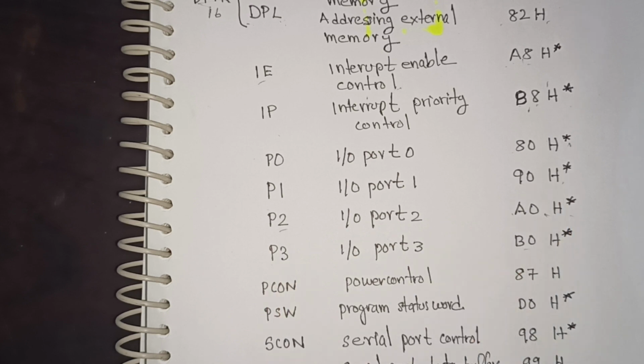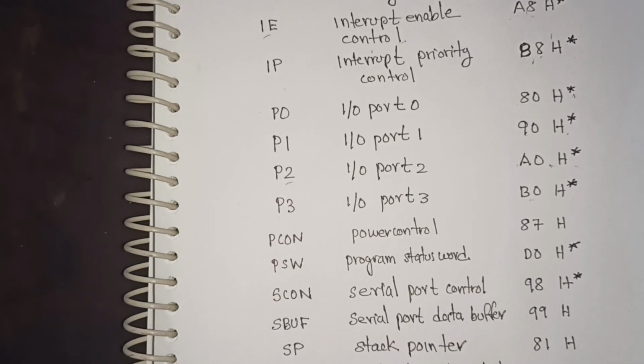All are bit addressable. Now we have the power control register, used to enter into some power control modes like sleep mode, that kind of mode that we will see later. So for the time being, PCON has an address 87H.